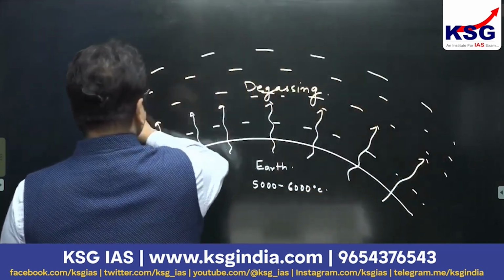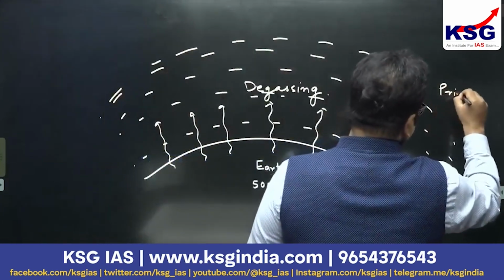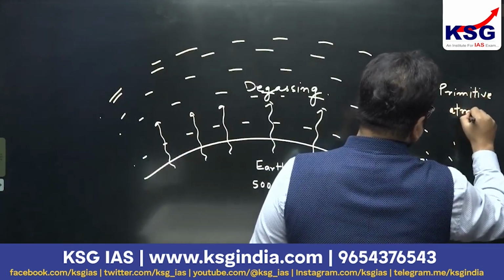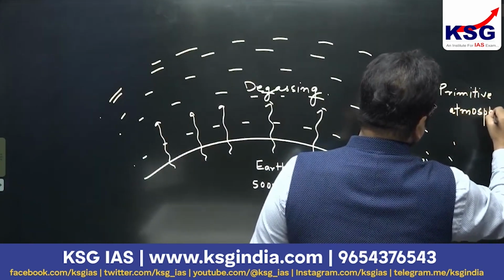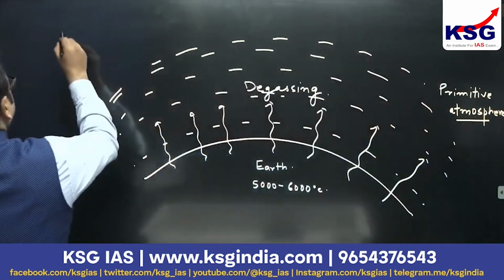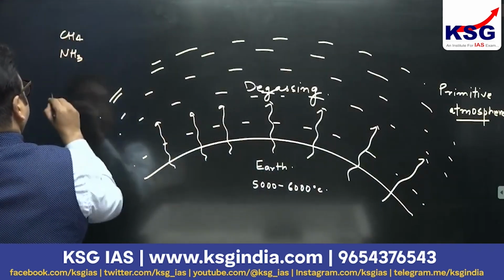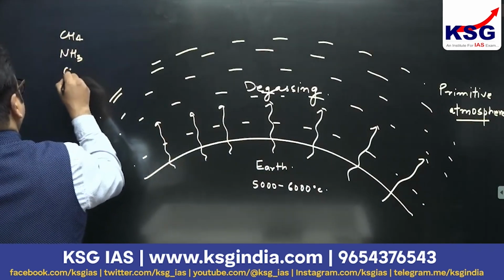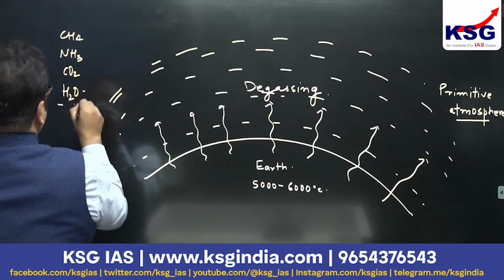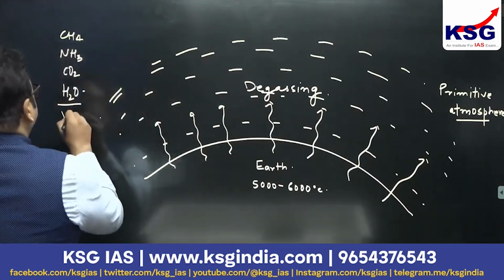As the temperature was so high, the primitive atmosphere contained mainly methane, ammonia, some amount of carbon dioxide too, and an abundance of water vapor. This water vapor was in abundance and was in vapor form.